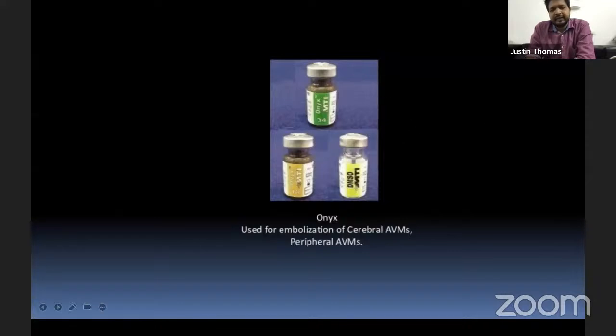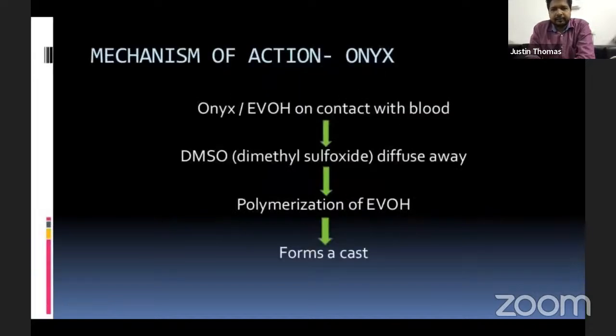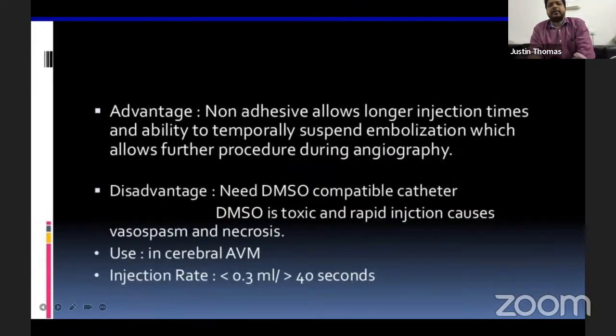So Onyx is available in a separate container along with the DMSO. When Onyx comes into contact with blood, the DMSO diffuses away, and this causes polymerization of Onyx and forms the Onyx cast. So compared to glue, it is less adhesive, and this less adhesive nature allows long injection times, and we can temporarily suspend embolization, look, and slowly proceed as compared to glue.